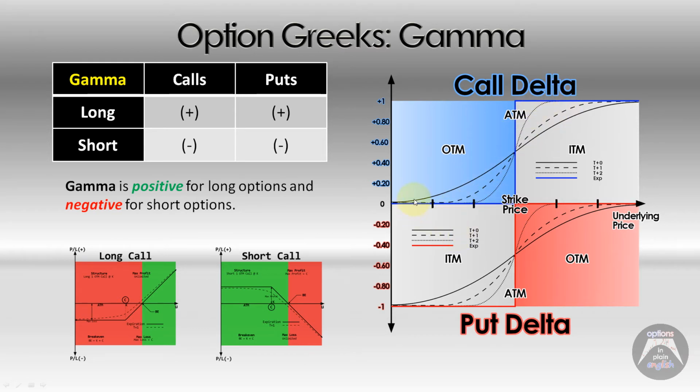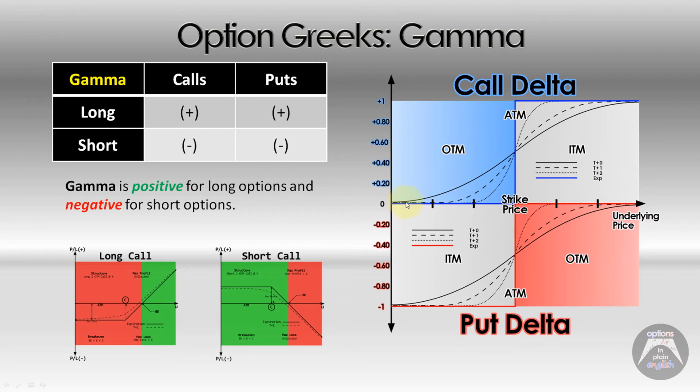So you see at the beginning this is the delta, and then the delta starts approaching this line, which is the line at expiration, where this is for a call, for everything that's out of the money, because this is the at the money. For everything that's out of the money, it's going to have a delta of 0, and everything that's in the money is going to have a delta of 1.